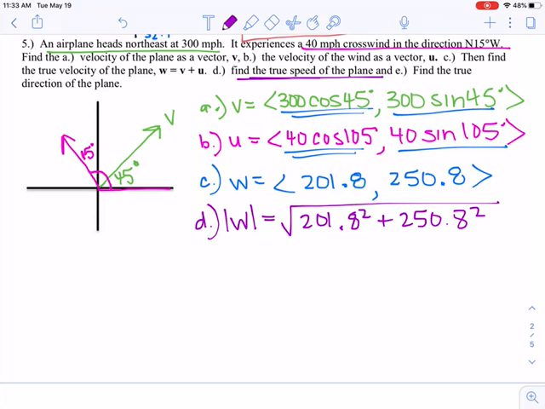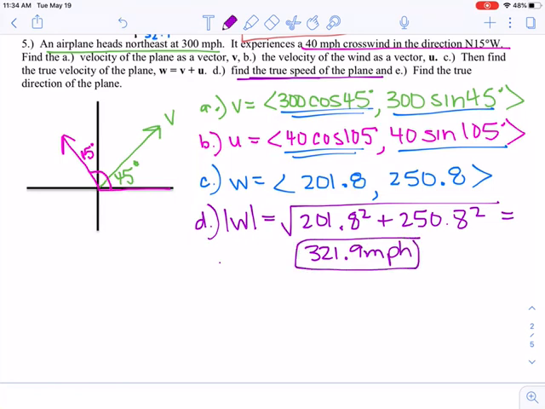Let me plug that into my calculator. And instead of going 300 miles per hour to overcome this wind, our plane has to go 321.9 miles per hour to stay on course.